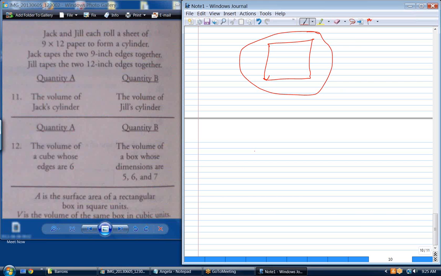It's not a rectangle like this. Both of these figures have the same perimeter, but the square has the bigger area, always.